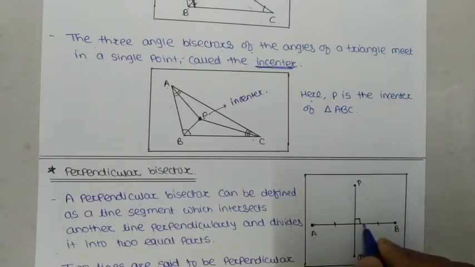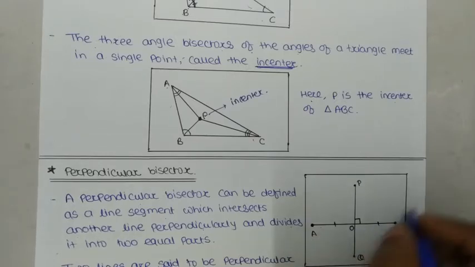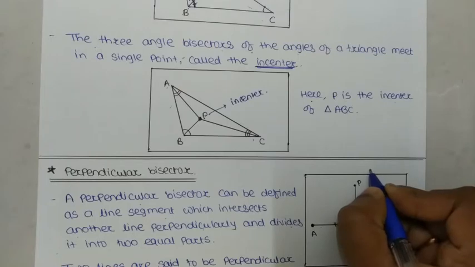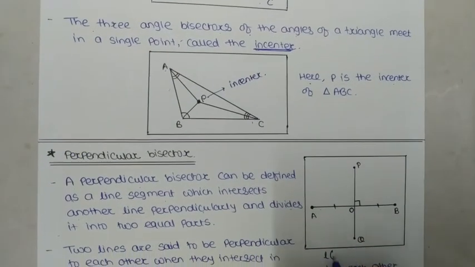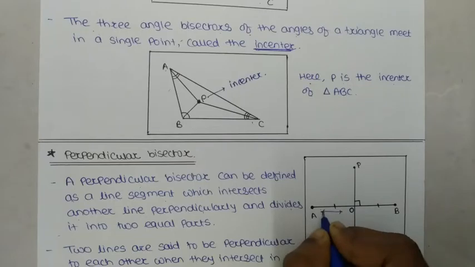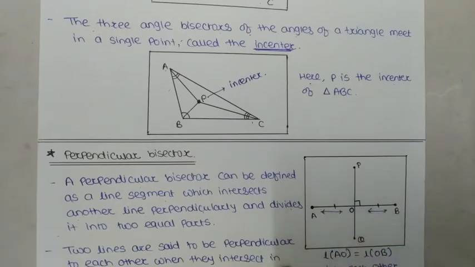In such a way that, suppose this is O, the length of AO is equal to the length of OB. That means this length and this length should be equal.